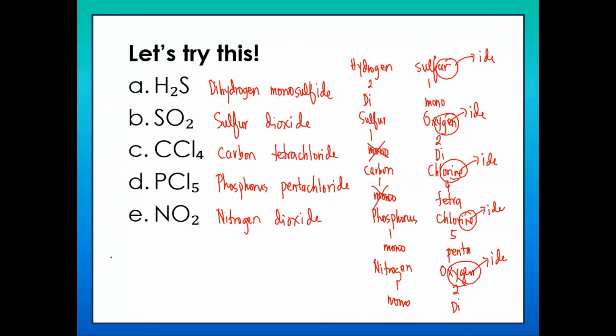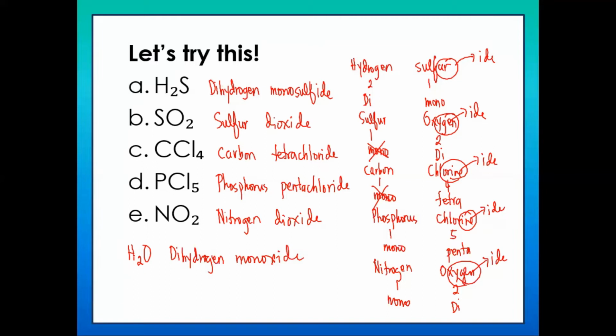So class, if you're going to name H2O, this is a covalent compound because hydrogen is non-metal, oxygen is also non-metal. The name of this one is not just water. Okay, water is the common name. So following the rules that I gave earlier, this is dihydrogen monoxide. Okay, so this is monoxide.